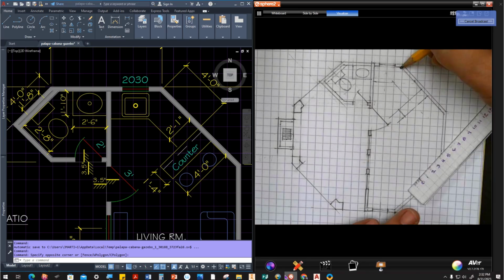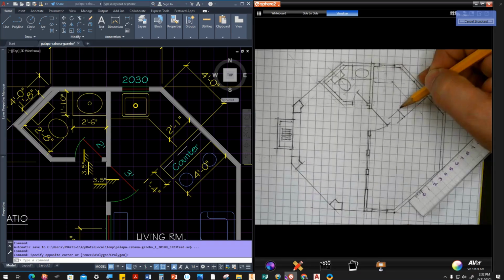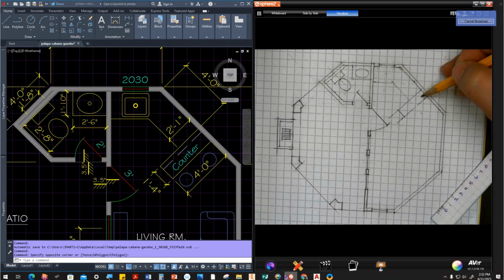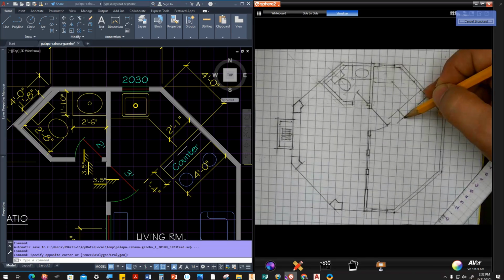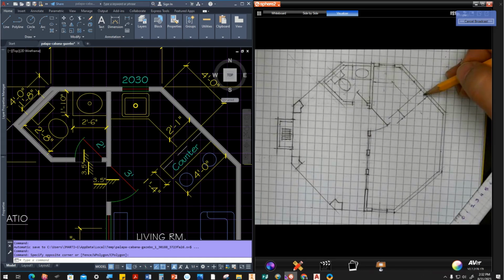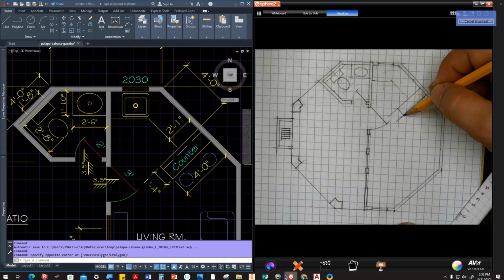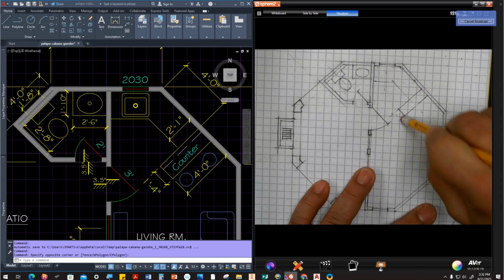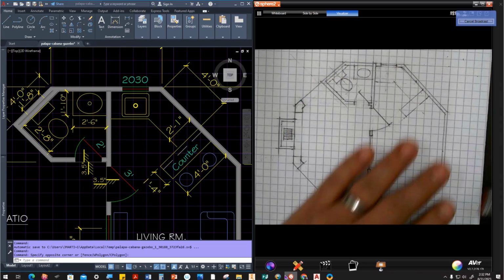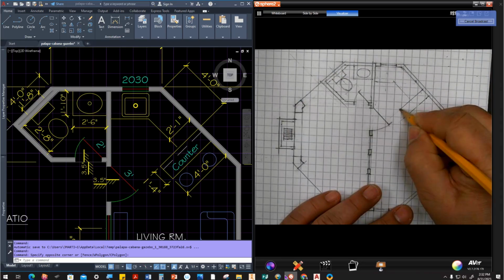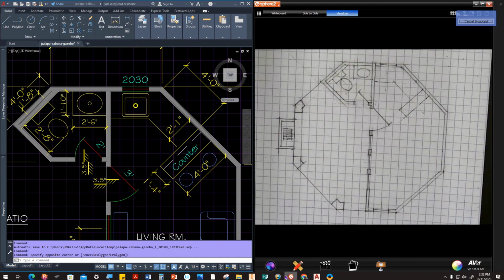Measure 4 feet, draw a 45-degree line, make a parallel line, 1'4", separate it, and cap that gap. And there you have the countertop.